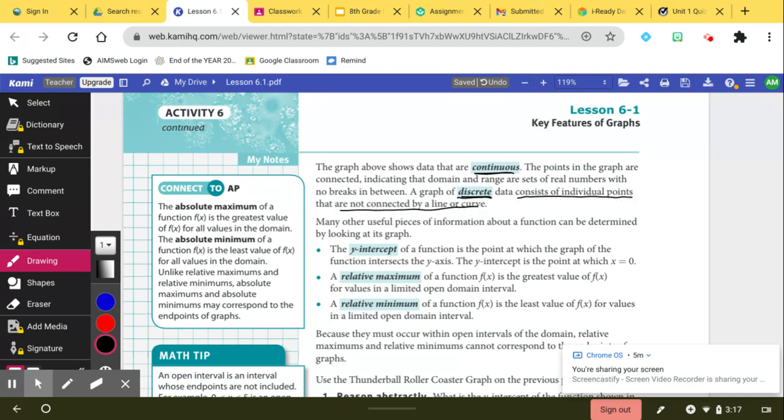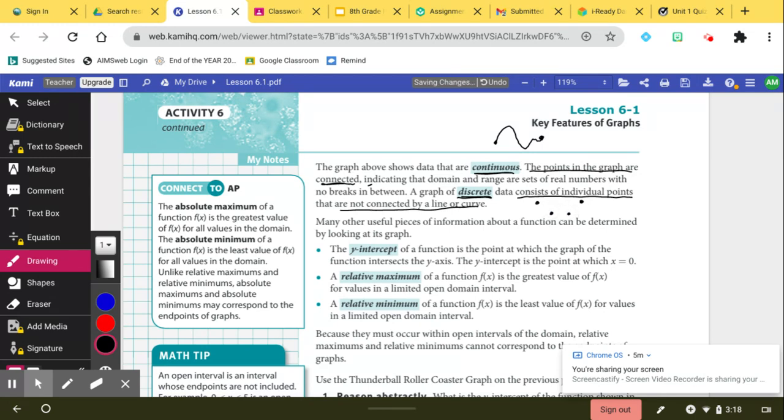So with continuous, the points in the graph are connected. The continuous is kind of like our Khan Academy assignments that went like this. And my discrete were those Khan Academy assignments that had all of those individual points.